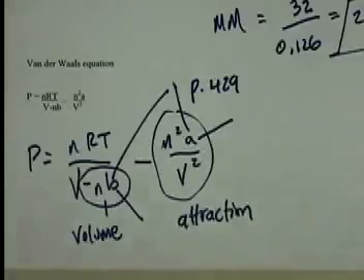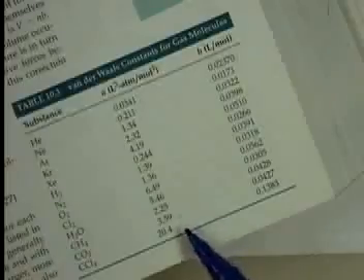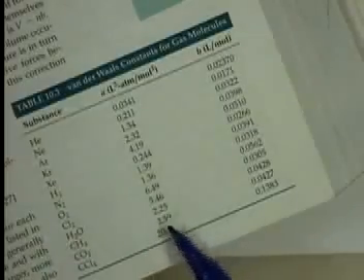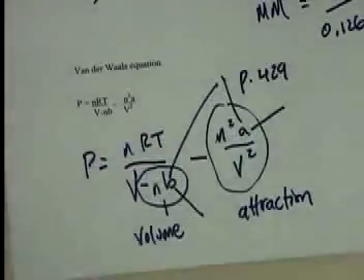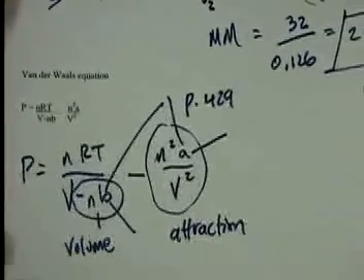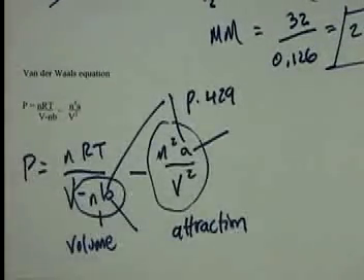If you look at the bottom of page 429, here's the table of van der Waals constants a and b for various gases. And you'll see that as the gases get larger, like CCl4 right here, really big, obviously you have to take a lot more into account for the attractiveness and the volume size of those gas molecules as well.